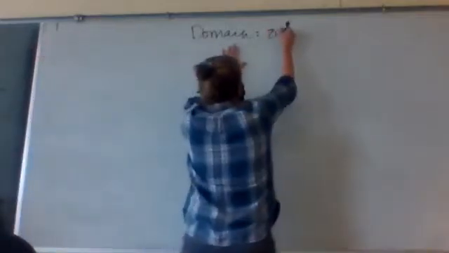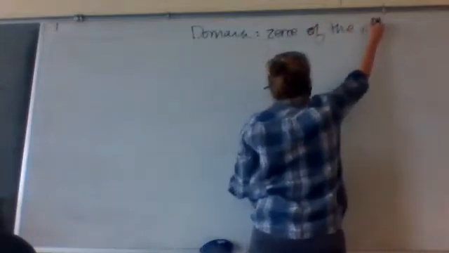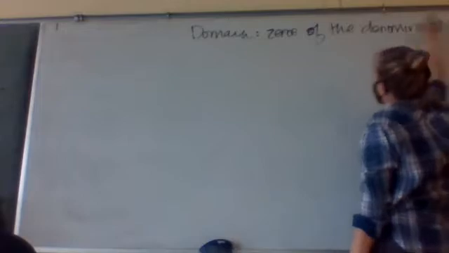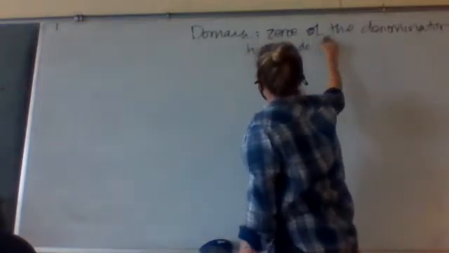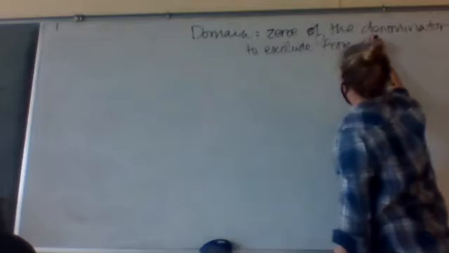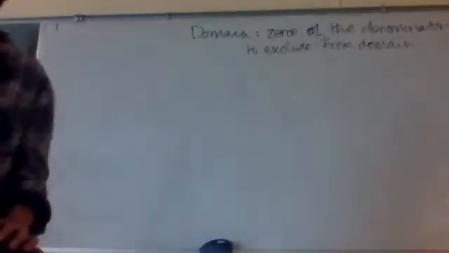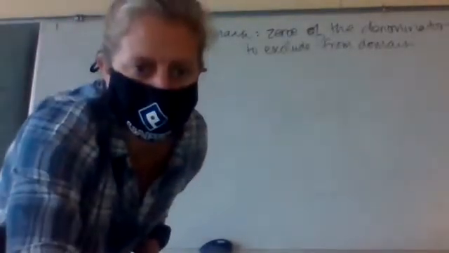So what we want to do is find the zeros of the denominator to exclude from the domain, right? So the domain comes from finding the zeros of the denominator and then excluding those values from the domain.